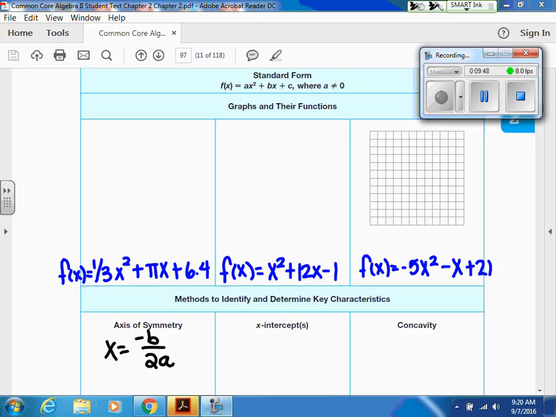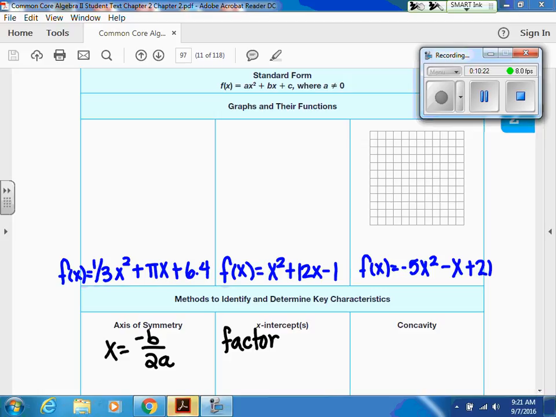All right, now, let's talk about the x-intercepts. If you have this in standard form, you're going to have to remember back to algebra 1. How are you going to find the x-intercepts for a function that's in standard form? Factor. Yes. Yes. Factor it. And I'm sure you all remember how to factor, right? What if it doesn't factor?